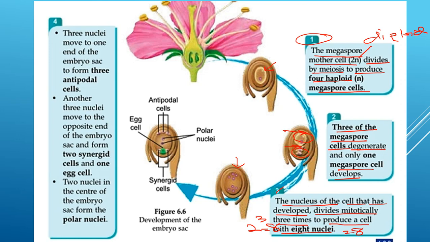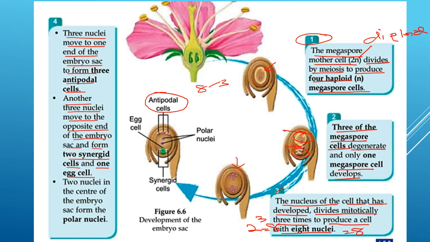Okay, and then daripada 8 nukleus tadi, 3 nuclei dia move to one end of the embryo sac to form 3 antipodal cell. This one is 3 antipodal cell. Okay, another 3 nuclei move to the opposite end of the embryo sac and forming 2 synergid cell and 1 egg cell.